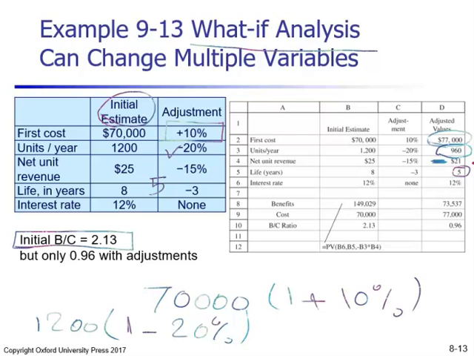So we came up with the topics of sensitivity analysis, break-even analysis, and now we are doing what-if analysis. And you see, we are changing multiple variables at the same time. Also about the interest rate, they leave it alone. It's going to be 12%. Based on that, they do B over C, and they come up with a ratio of 96%.